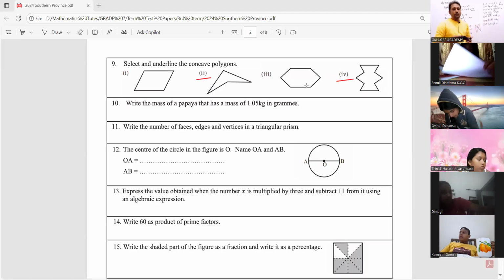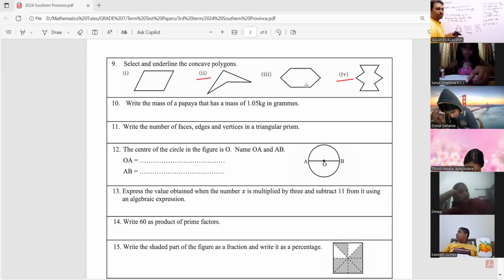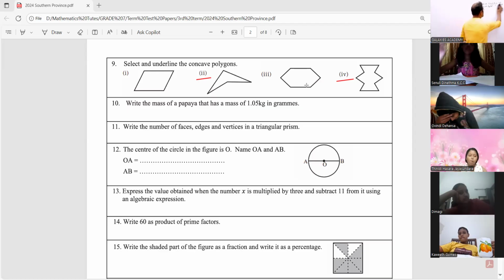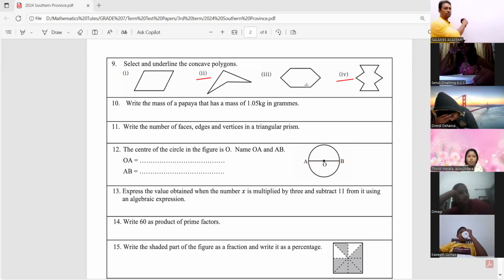Right. Now let's go to the next question, number 10. Right. 10th question: write the mass of a papaya that has a mass of 1.05 kilograms.